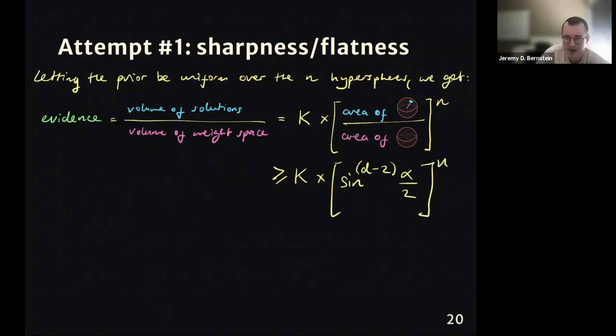So that's saying that in high dimensions, the relative surface area of an alpha cap gets smaller and smaller as the dimension increases. So under this model, we've bounded the evidence in terms of k, which is the number of solutions that we don't know, the fan-in of each neuron, and the number of neurons. And if you remember, the thing that appears in the PAC-Bayes bound is log 1 over the evidence, divided by the number of data points.